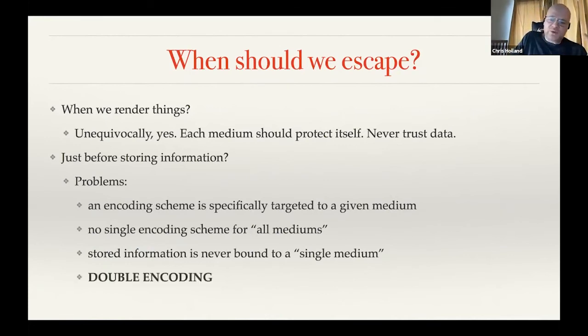And then the other thing that you can run into is double encoding issues. Because as we talked about, you always want your rendering engine to protect itself, to never trust what's coming from downstream of it. So you're always going to have encoding on your front end. But if you also encode when you store the data, you could run into double encoding issues.